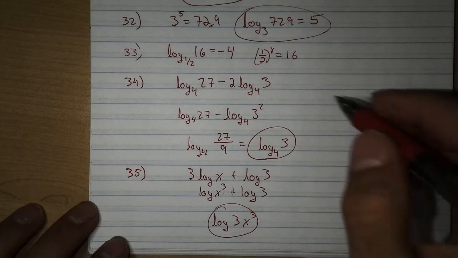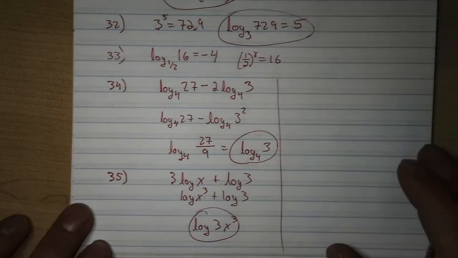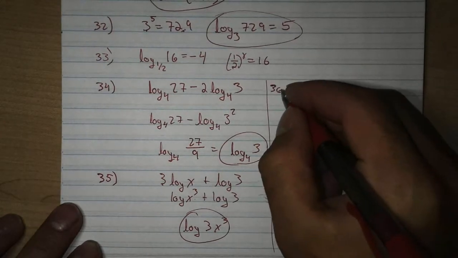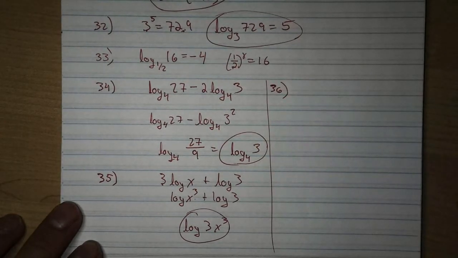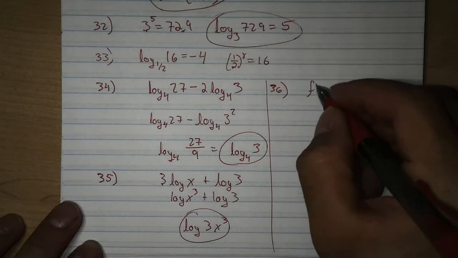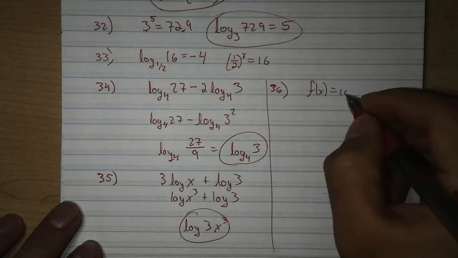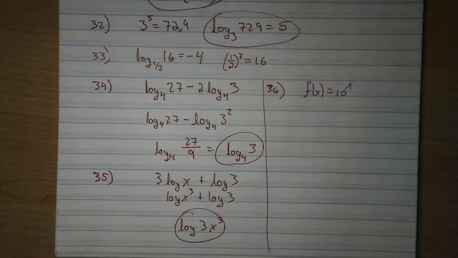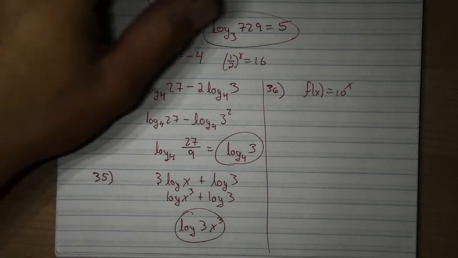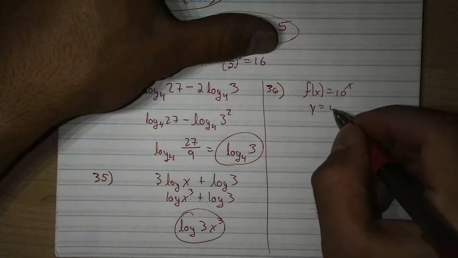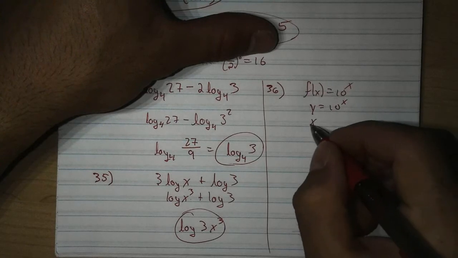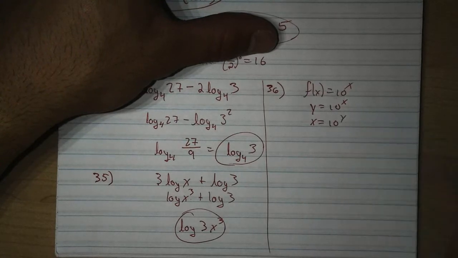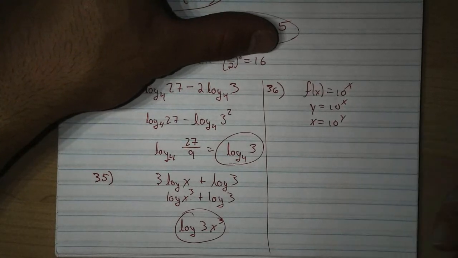I'm going to squeeze in a few more right over here, 36. The inverse f of x. So I'll show you a long way. So we'll change this to y equals, x equals. Now to solve for an exponent we use a log function.